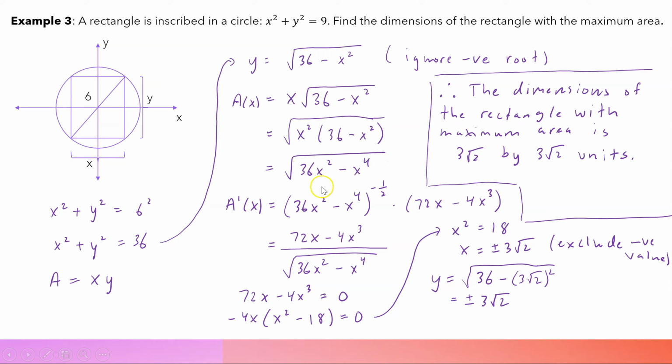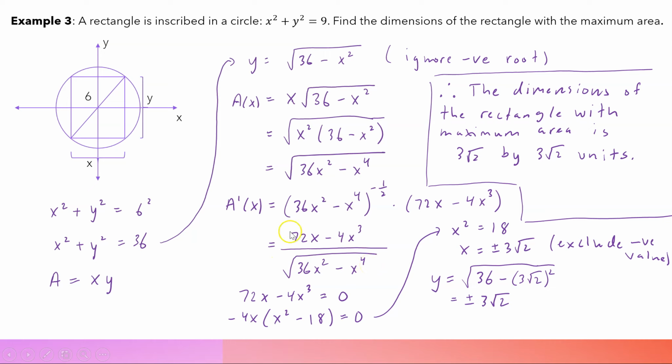After simplifying the area function, I then go on to differentiating. I use the power rule as well as the chain rule. Simplifying ends up giving us 72x minus 4x cubed over the square root of 36x squared minus x to the power of 4.